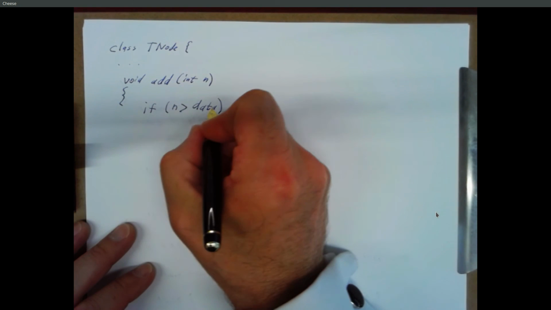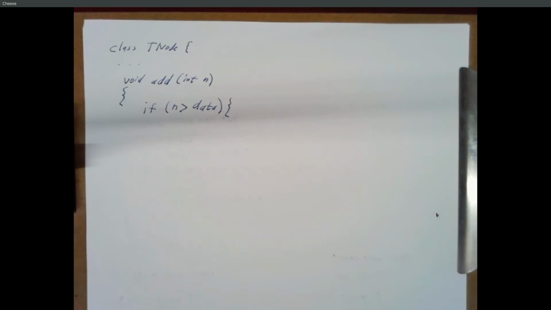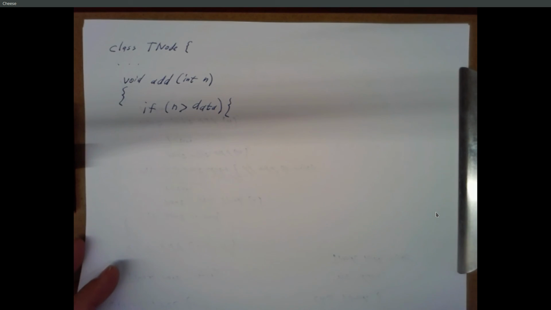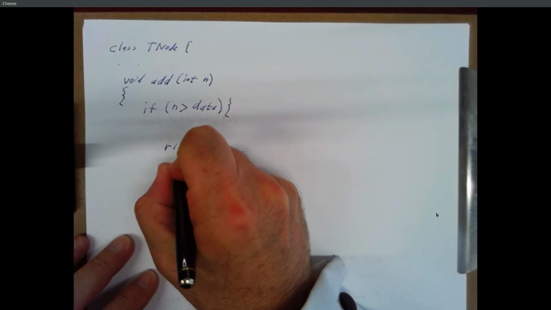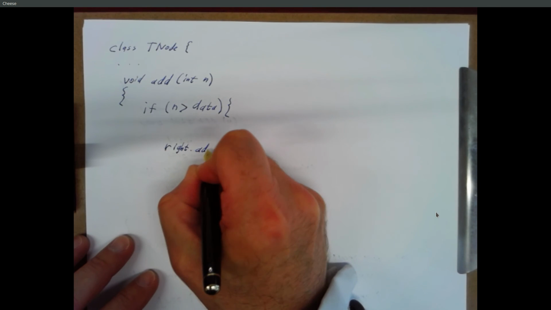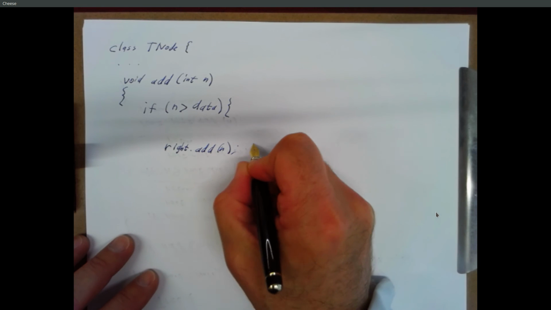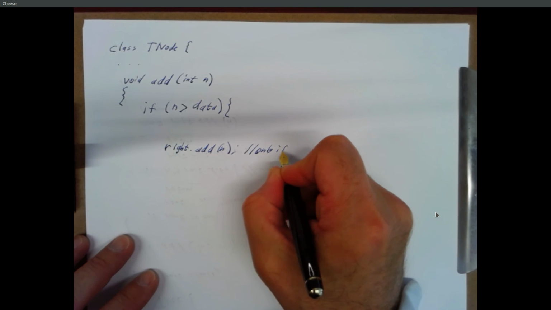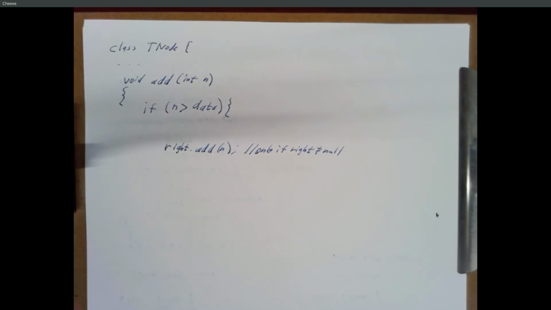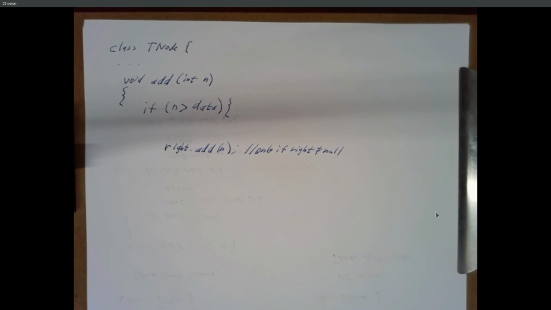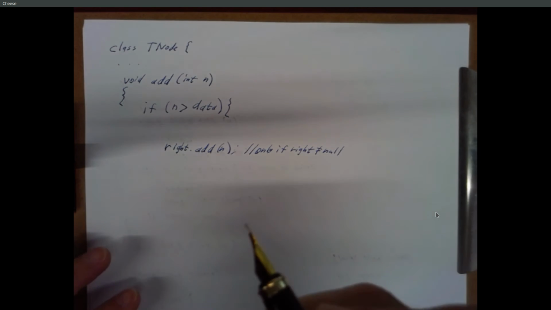So if n is bigger than this current node's data, well, we want to add to the right subtree. We can't just say right.add because right might be null. So before we do that, we have to check to see if we're at the end of our branch.